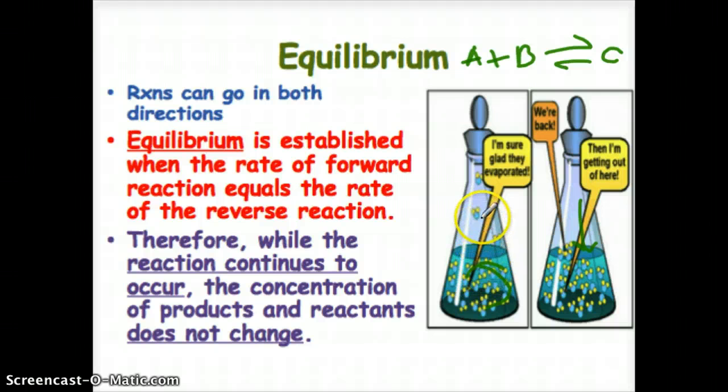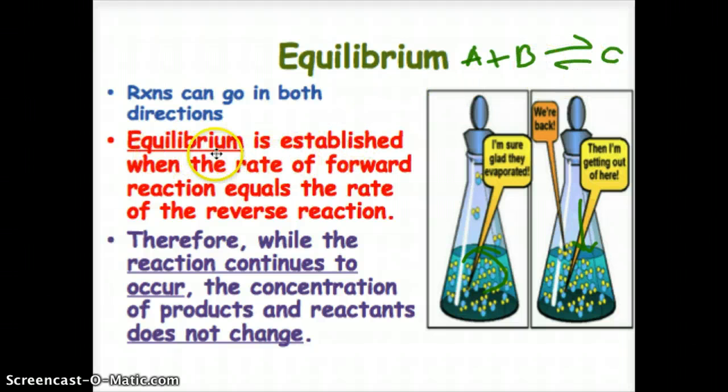So when you heat it up, it goes into the gas phase, right? But when you cool the beaker down, it goes back into the liquid phase. So it's going in one direction and then it goes back in the other direction. And that's exactly what equilibrium is. Equilibrium is when you go from one direction to another and then you go back.